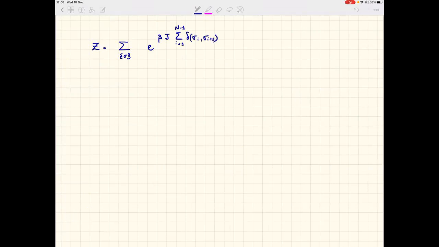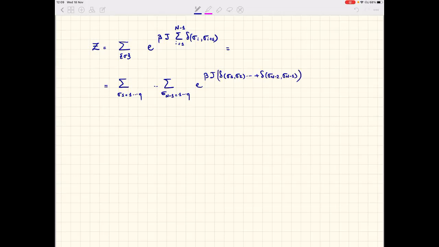And now I use the same recursion method as before, right? So I have that this is equal to the sum over sigma 1 equal to 1 to q, etc., sigma n minus 1 from 1 to q, of e to the beta J (delta sigma 1, sigma 2 plus ... plus delta sigma n minus 2, sigma n minus 1).